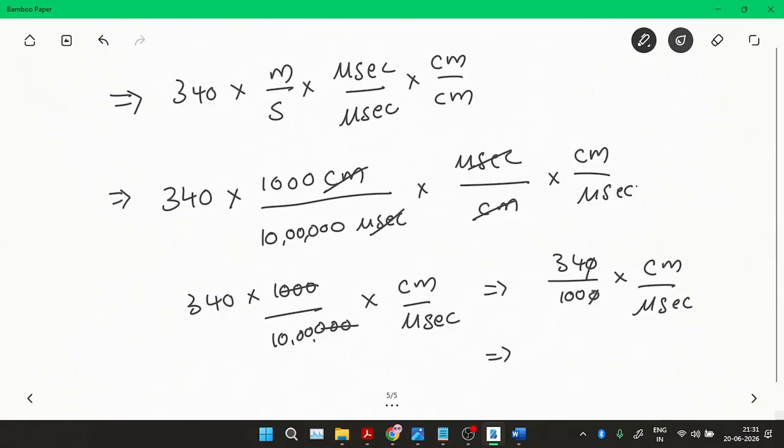Yeah, I did this wrong. So it's not 1000 centimeters, it's actually 100 centimeters. Okay, so 1 meter equals 100 centimeters. So this would be 100, and based on that, let me just erase this.